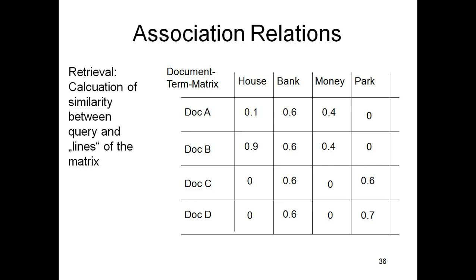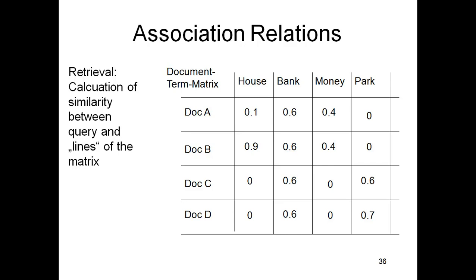And how can we find similar terms looking at a simple document term matrix? So far what we do with the document term matrix is that we add another document which we call query, which maybe has 1 here because the user types bank. And then we compare this query to all the documents. So we calculate similarities between these objects.